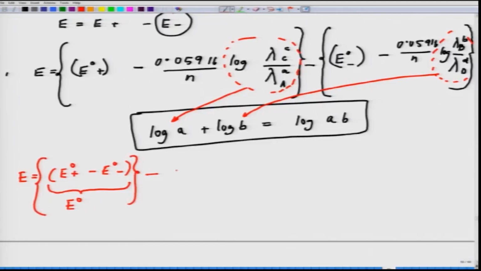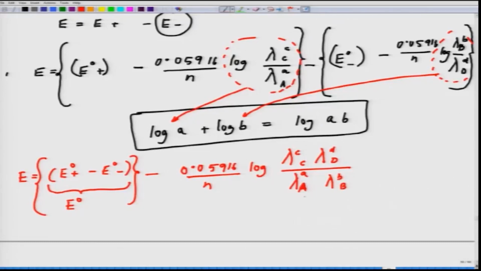I am putting additional brackets so that you do not get confused, minus 0.05916 divided by number of electrons, log C C D D divided by A A B B. This whole term is your Q. Okay.